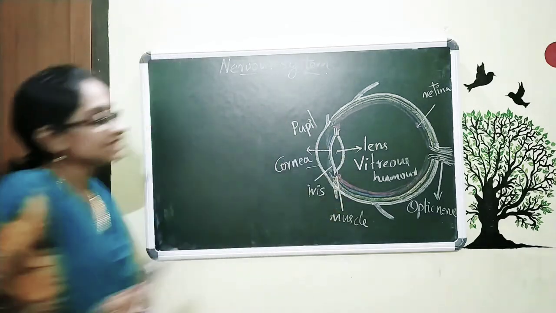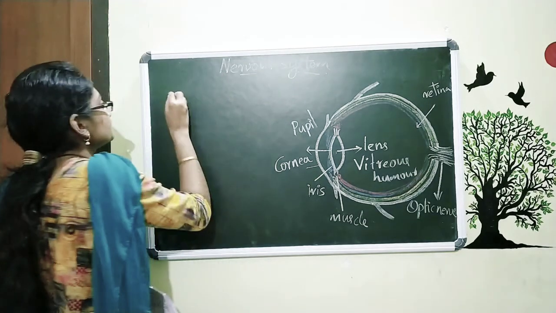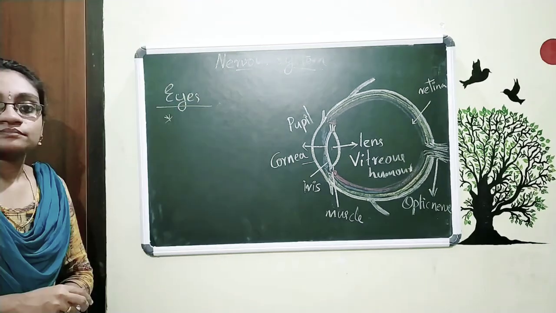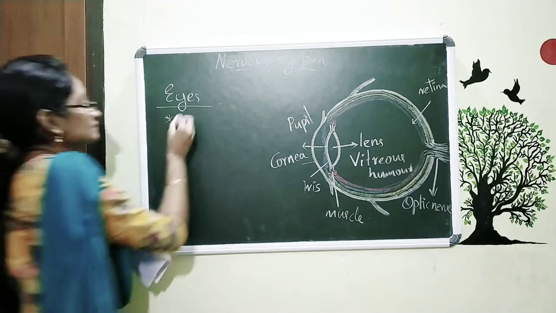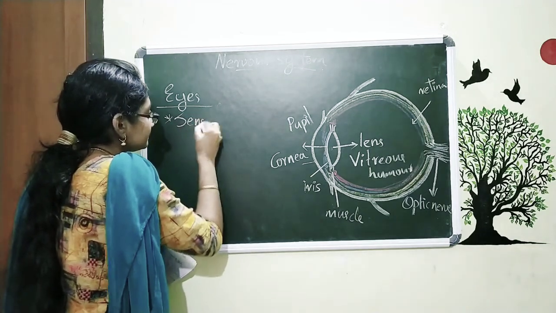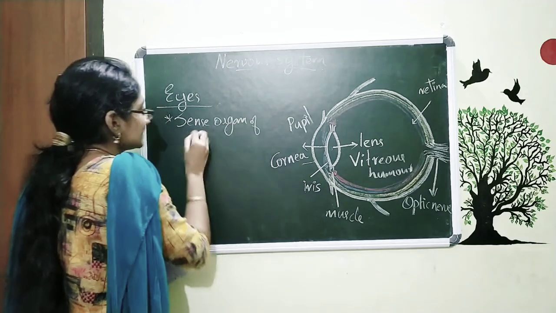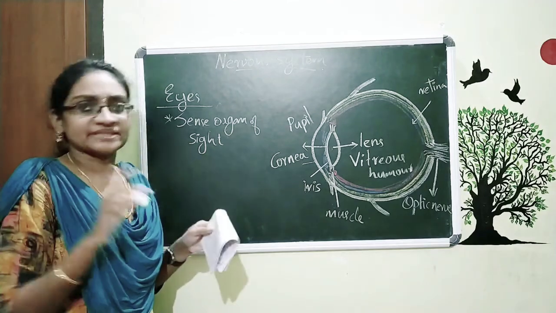Here you can see a neat diagram of the human eye. This is the sense organ of sight. Sight means vision; we can see.